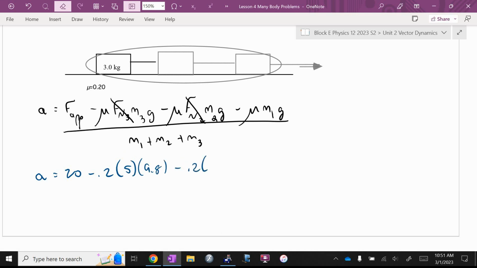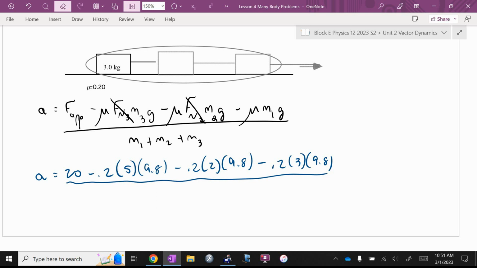What was M2? And M1, there I have it on my page, 0.2 times 3 times 9.8, all over 3 plus 2 plus 5.